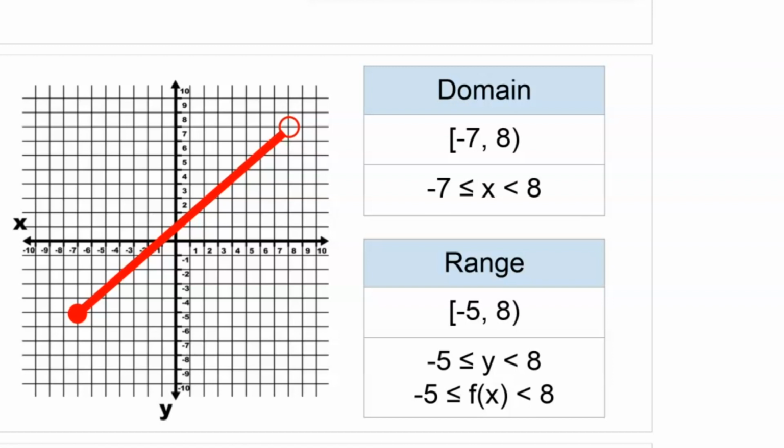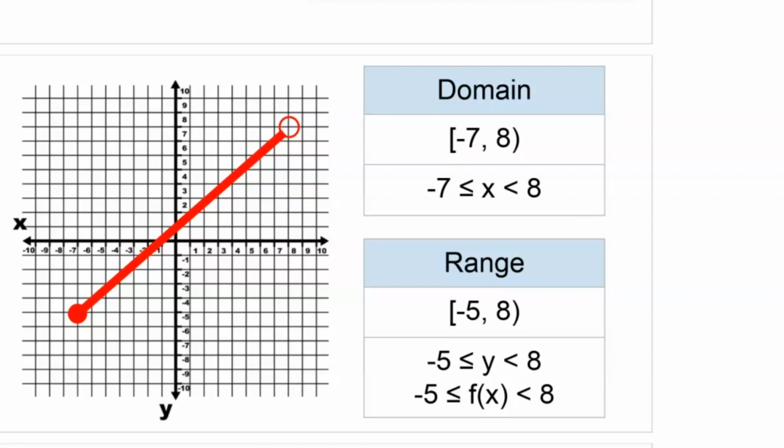So that's just two different ways that you can state the domain. You can write it either with the parentheses and the brackets, or you can write it as an inequality. But both of those mean the same thing. So we're just saying from left to right, this graph goes from -7 to 8, and x does equal -7, and it does not equal 8.